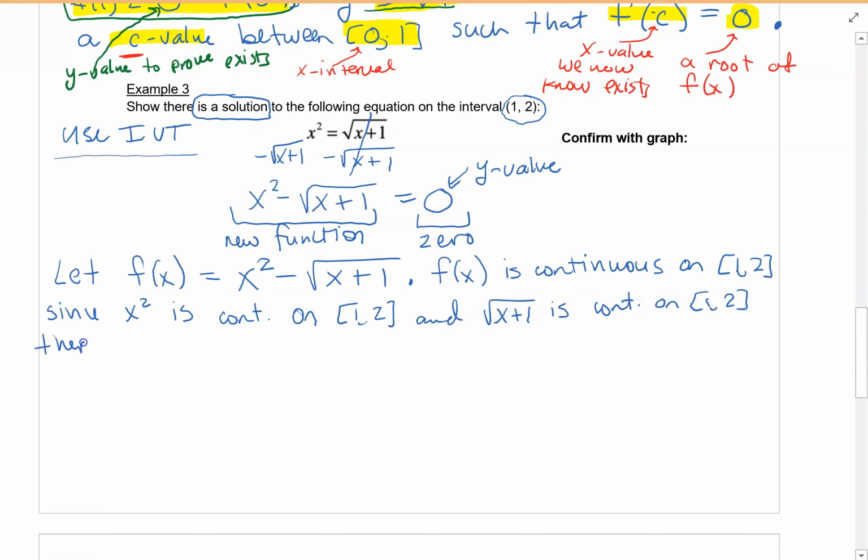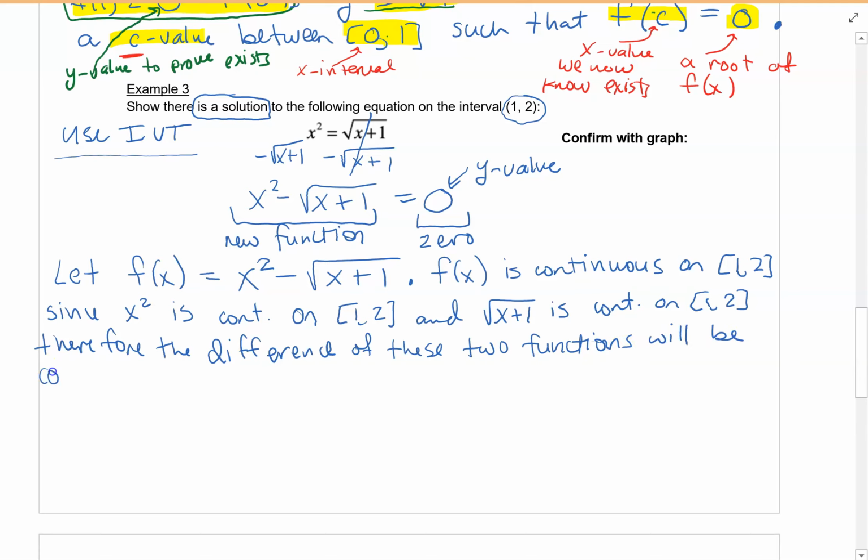Therefore, the difference between the two functions, that was one of our properties of continuity, will be continuous on that interval as well.